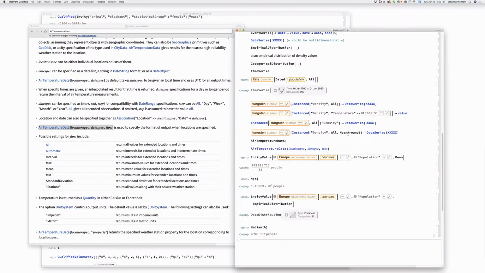The question might be how that generalizes to multiple qualifiers, how to apply different aggregators to different qualifiers, if that makes any sense. Well, I'm not sure you can do it in one go. You might have to do it in several pieces.